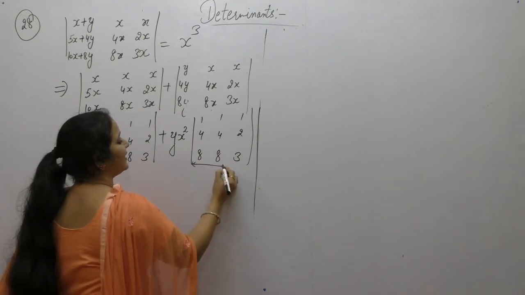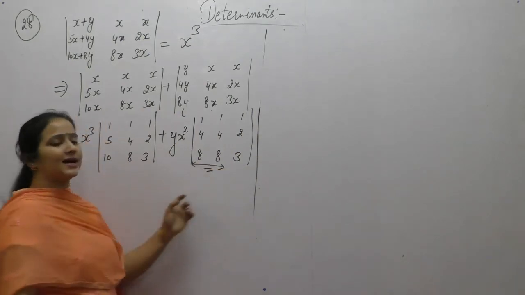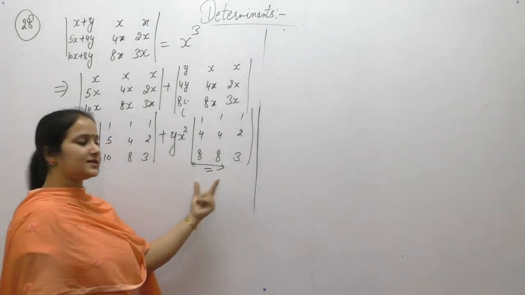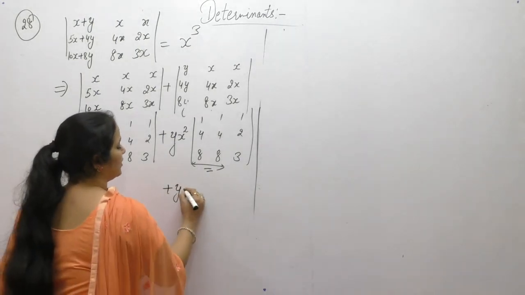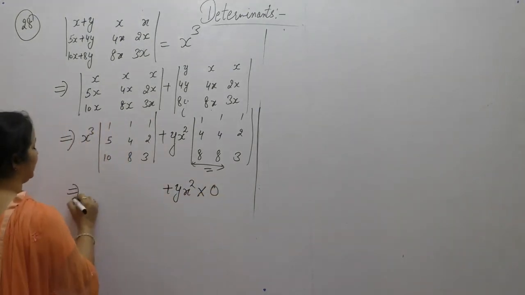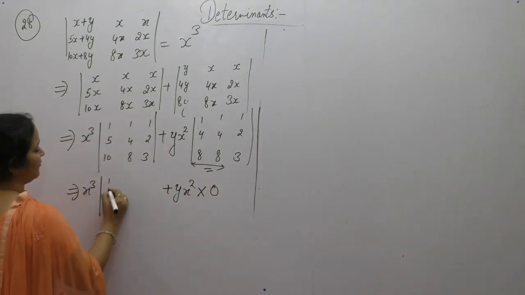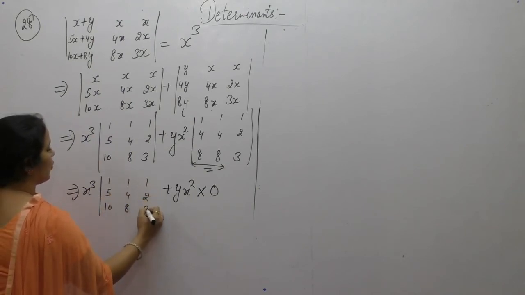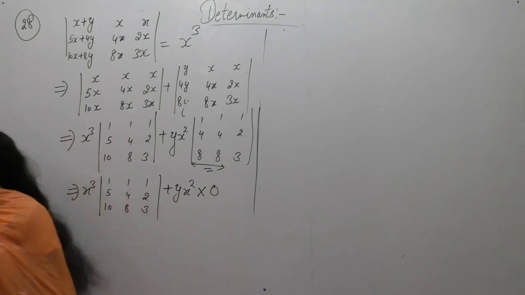Here C1 and C2 both are same, two columns are identical. So value of this determinant is 0. y x square into 0. And here we have x cube, 1, 5, 10, 1, 4, 8, 1, 2, 3.